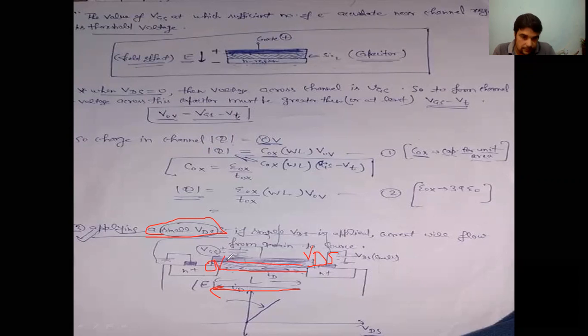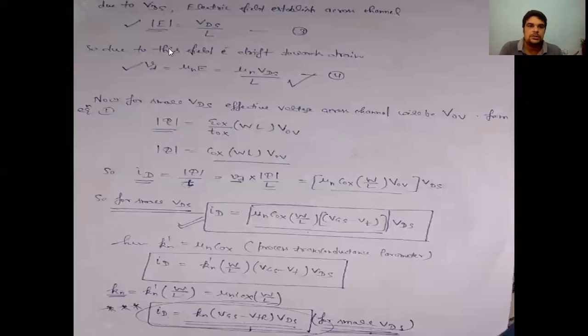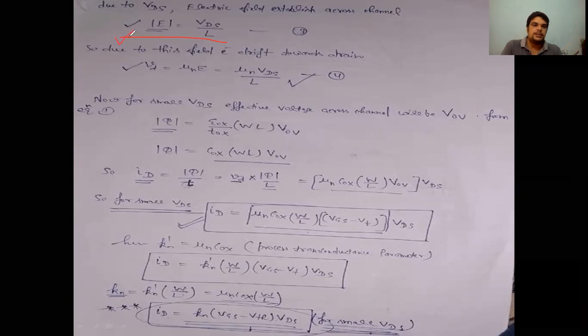We know that E is equal to V upon D, and we will derive it further. So the electric field will be VDS upon the length of the channel. What is the drift velocity of the electrons that are moving? Vd equals mu E. You already know the formula. This is the drift velocity of the electrons.